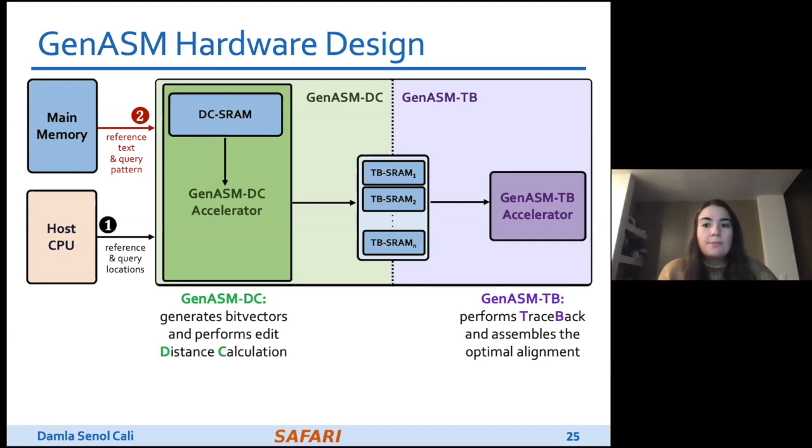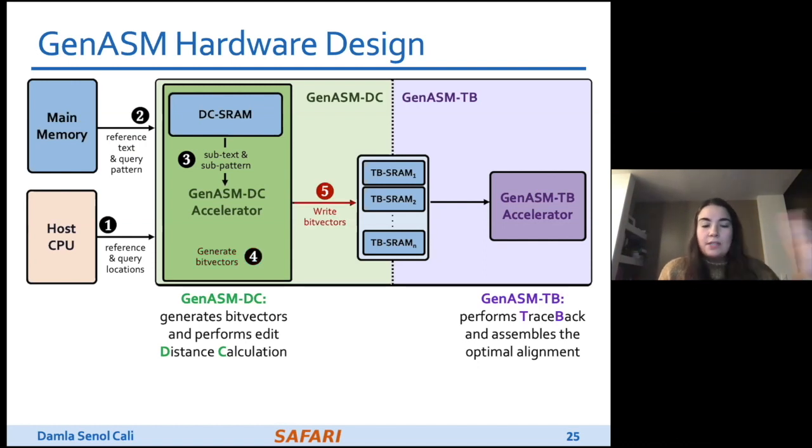After that, GenASM DC divides the reference text and query pattern into multiple overlapping windows, and for each subtext and subpattern, which corresponds to each of these windows, GenASM DC searches for the pattern within the text, like the subpattern within the subtext, and generates the bit vectors. And then GenASM DC writes these bit vectors to TB SRAMs.